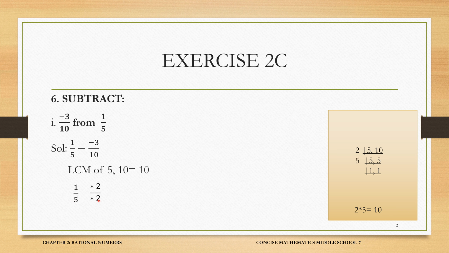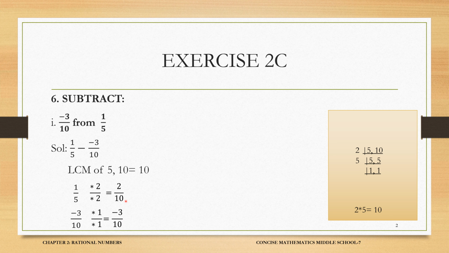So just multiply it with 2. 5 2s are 10. 1 into 2 is 2. Now write down minus 3 by 10. And this 10, because the denominator is already 10, should be multiplied with 1. So plus into minus is minus, 3 ones are 3, 10 ones are 10. I hope you understood this.